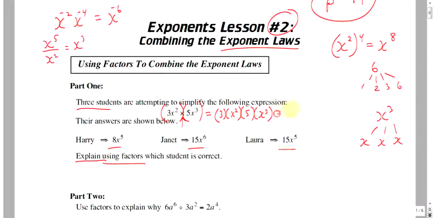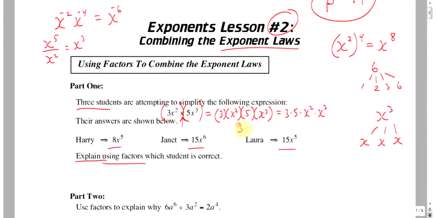Is that the same as this? 3 times 5 times x squared times x cubed? Yeah, I can rearrange them. A times b is the same as b times a, right? 2 times 3, is that the same as 3 times 2? Yes. Okay. If that's helpful, do it.